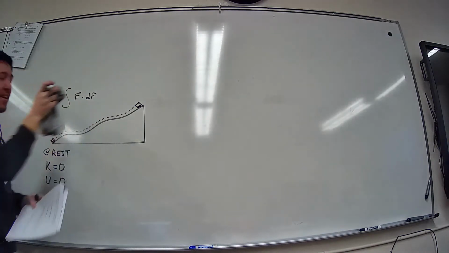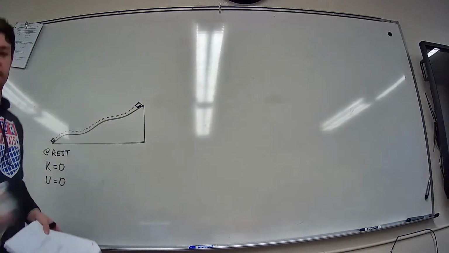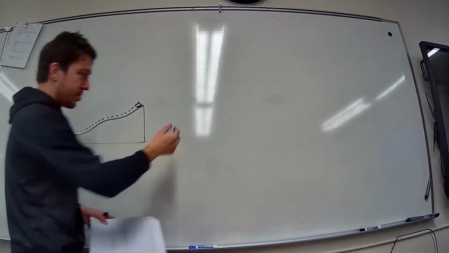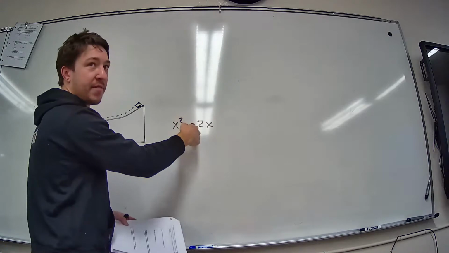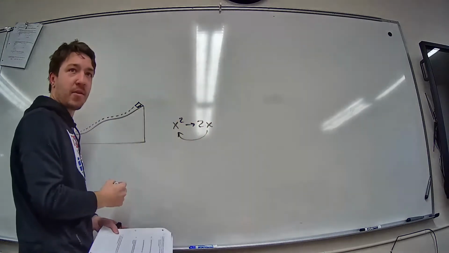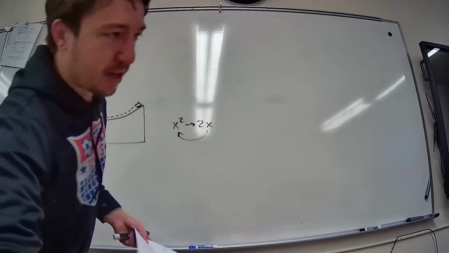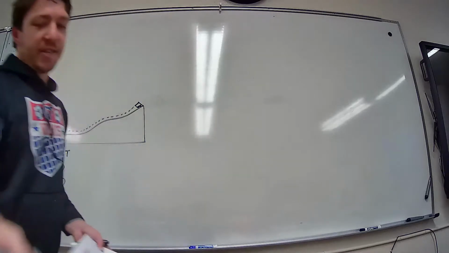You do a reverse derivative on it. Anyway, it's very savage. What is that? Well, the derivative of x squared is 2x. The antiderivative of 2x is x squared plus a constant. That's all it is. We'll get to it in calculus.